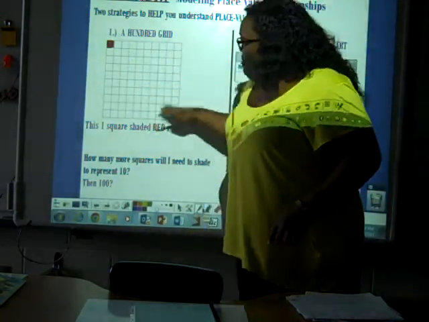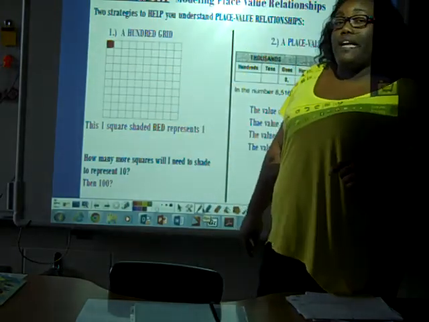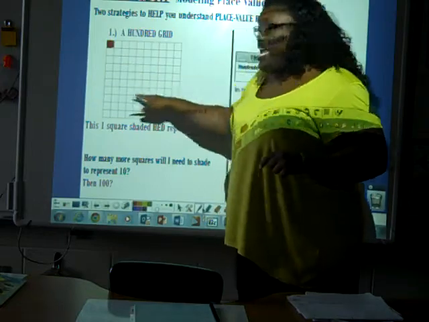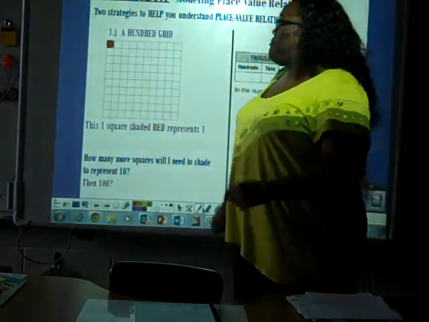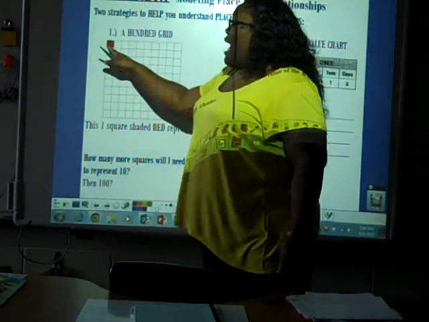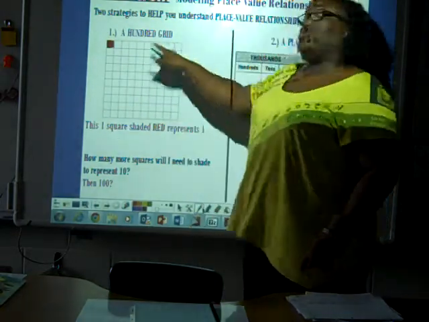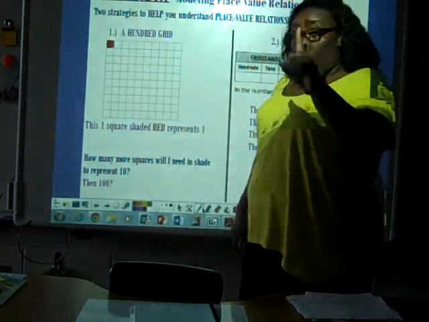So this right here is a 100 grid. Mind you, there are 100 little unit squares or cubes. I shaded 1 out of 100 red.